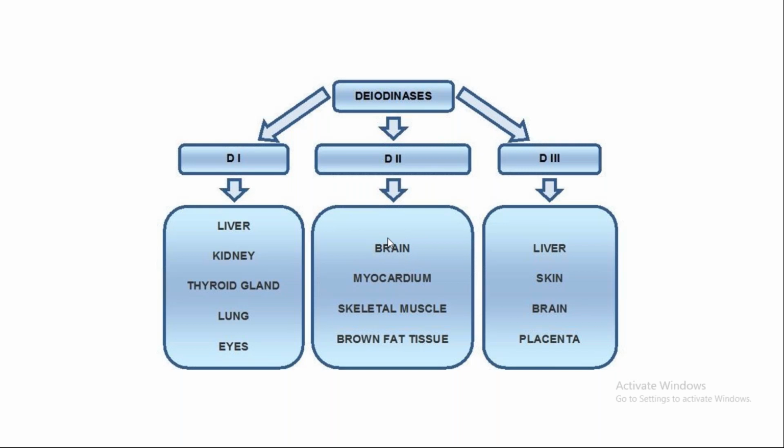So in the liver it is metabolized by conjugation with sulfates and glucuronides, and finally it is secreted in the bile into the intestine, and then re-enters the enterohepatic circulation.